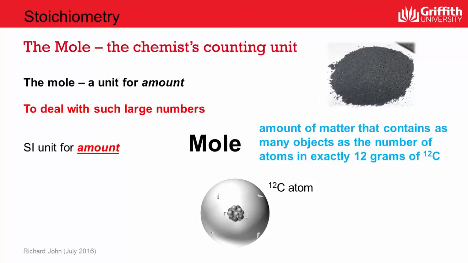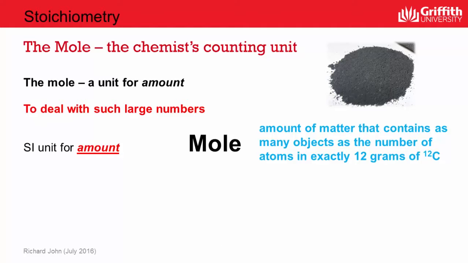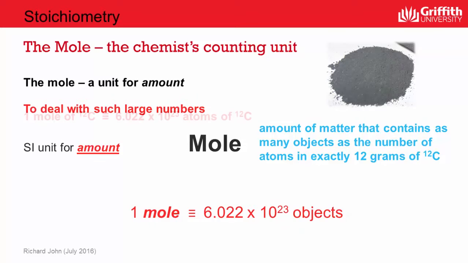For now, the number of carbon-12 atoms in 12 grams of carbon-12 is approximately equal to 6.022 by 10 to the 23. So 1 mole can be said to be equivalent to 6.022 by 10 to the 23 objects.